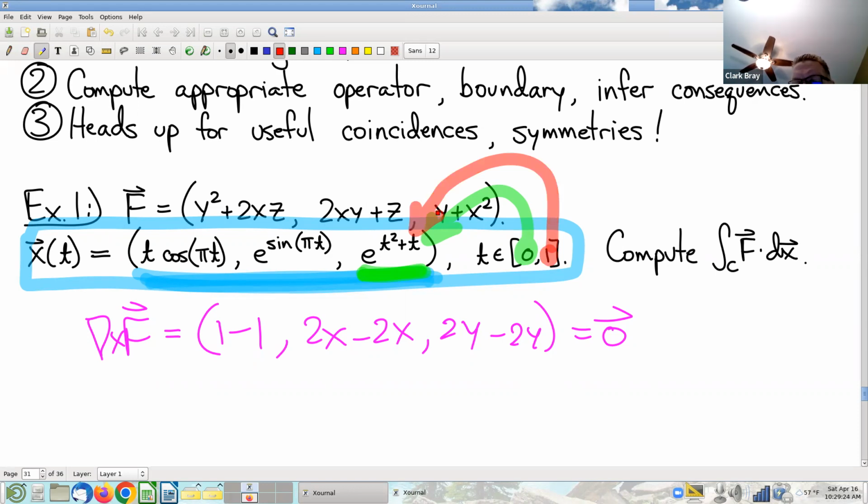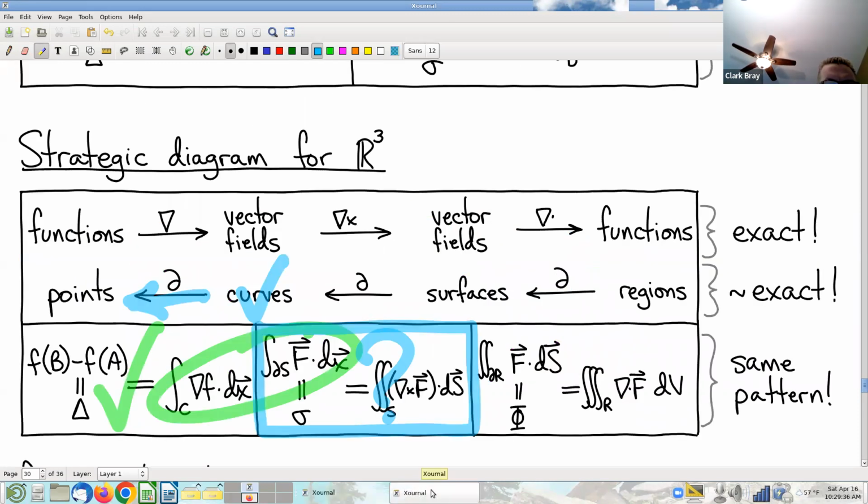So these points clearly have different z coordinates. And if they have different z coordinates, they are different points. And so I don't even really have to write very much down. I can just see from this one observation that no, this is not closed. So therefore, there's no anti-boundary surface. And that means that my question here, can I use Stokes' theorem? No, I cannot use Stokes' theorem.